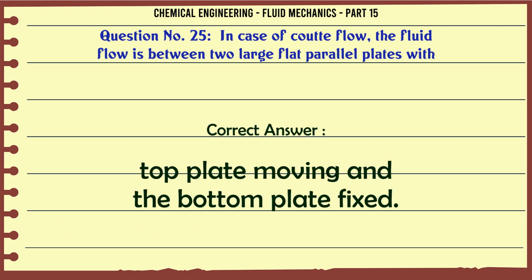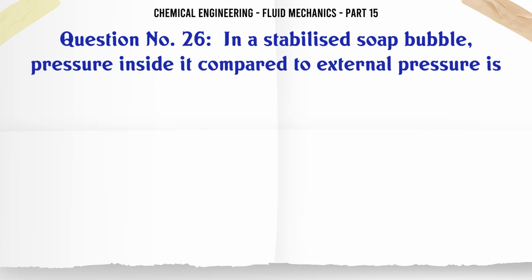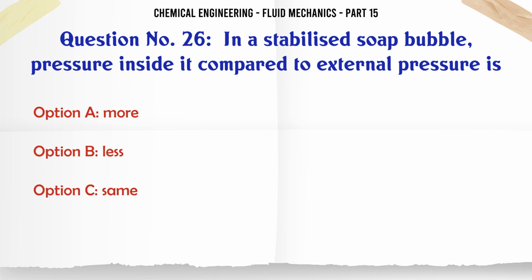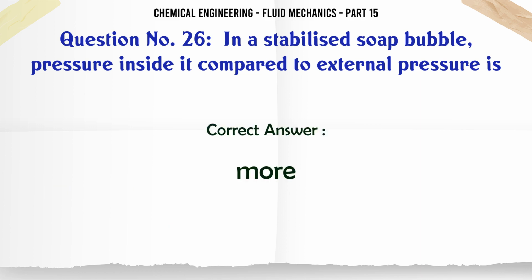The correct answer is top plate moving and the bottom plate fixed. In a stabilized soap bubble, pressure inside it compared to external pressure is: A, more; B, less; C, same; D, unpredictable. The correct answer is more.